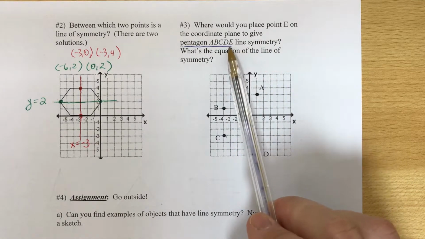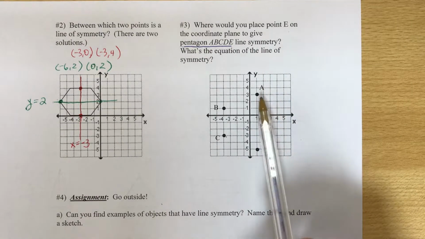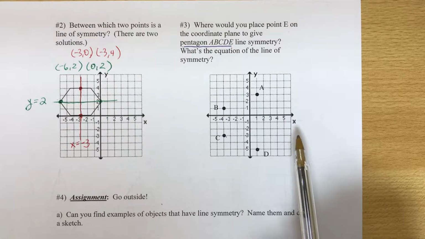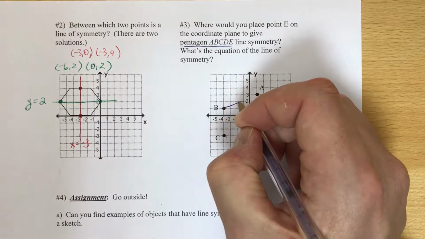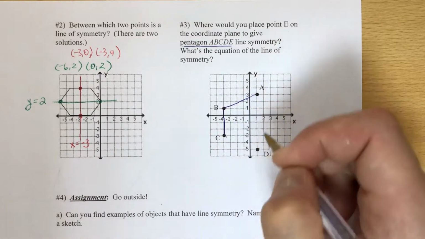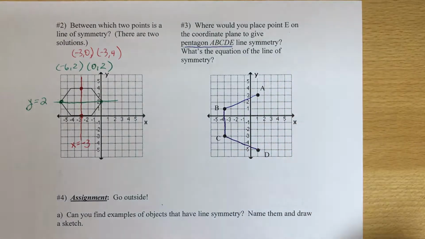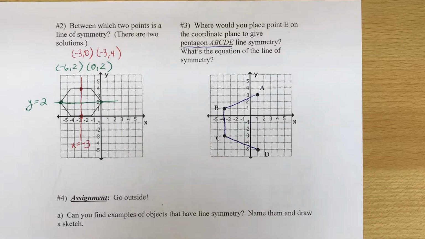And we're going to take a 5th point called E, and we need to put it on here somewhere so that when we connect it, we would have something that has line symmetry. Let's connect A to B, B to C, and C to D. And then the question is, where would you put E to make this work?